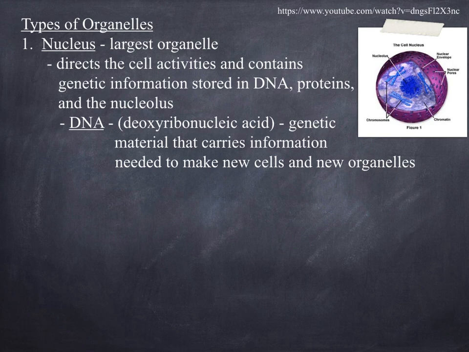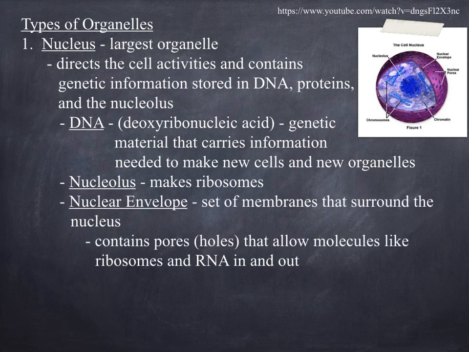The other thing that's involved in the nucleus is the nucleolus. And the nucleolus is this little part in the center of the nucleus that makes ribosomes. So its job is to make these ribosomes. Then surrounding the nucleus, you have a nuclear envelope, which is just a set of membranes that surrounds the nucleus.